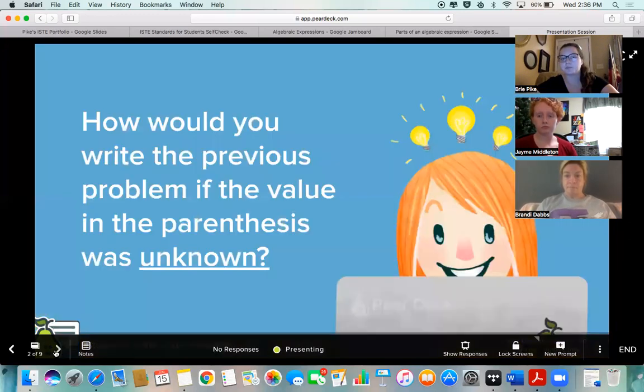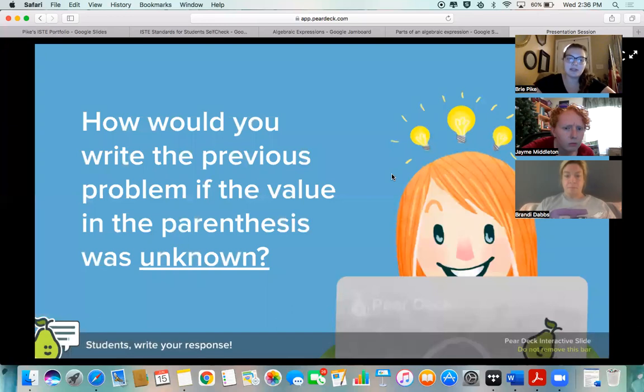But how would you rewrite that problem if you didn't know what the number in the parentheses was? So if the value in the parentheses was unknown, how would you write that problem? And remember, it was 2 times 3 plus 5. 3 was in the parentheses.